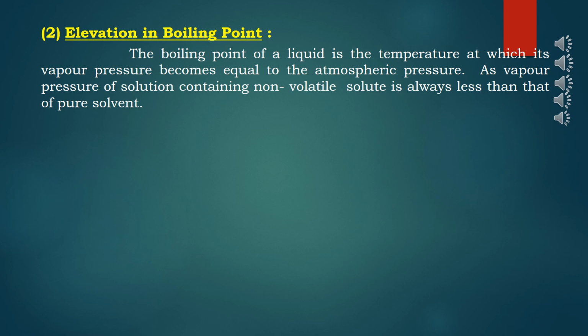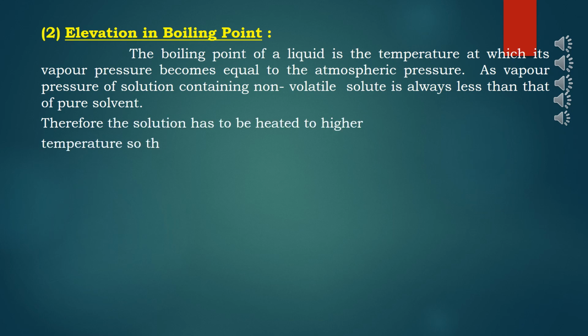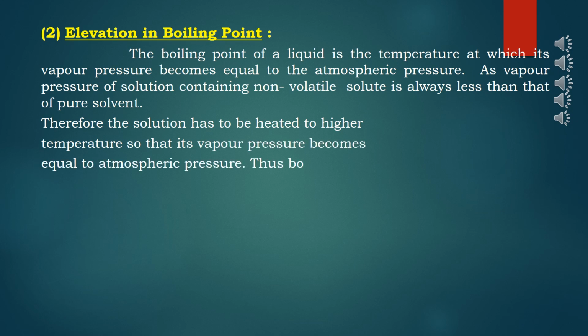So if the vapor pressure of solution is less, then the solution has to be heated to a higher temperature so that its vapor pressure becomes equal to atmospheric pressure. Thus the boiling point of solution is always higher than that of pure solvent.